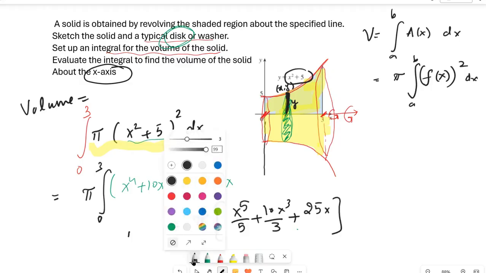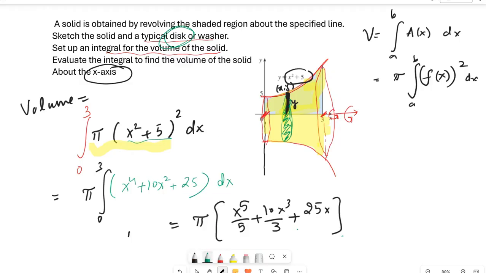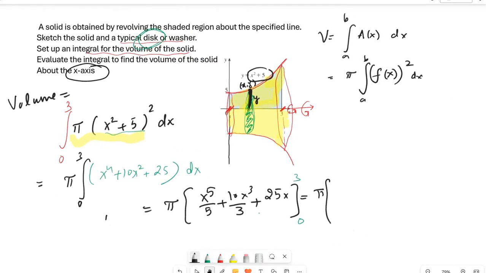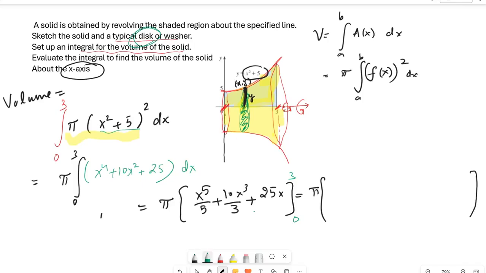Okay. Once you hit the integral, you need to write the limits on the right hand side using definite integrals. Now we put the upper limit first in the function minus the lower limit. When we put the limit, it will be 3 to the power 5 over 5 plus 10 times 3 cubed over 3 plus 25 times 3.